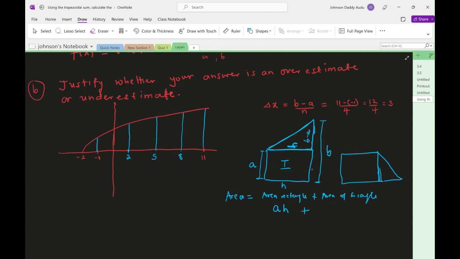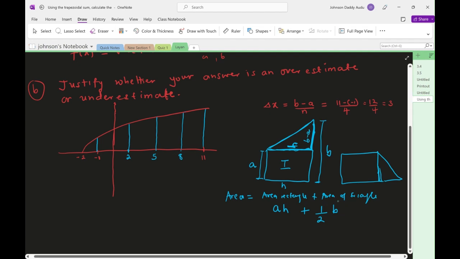Now, this is a triangle, the second part, and we know the area of a triangle is half base times height, yes? Okay. But what is the base? The base of this triangle is not just b. The base is from here to here, which is b minus a.